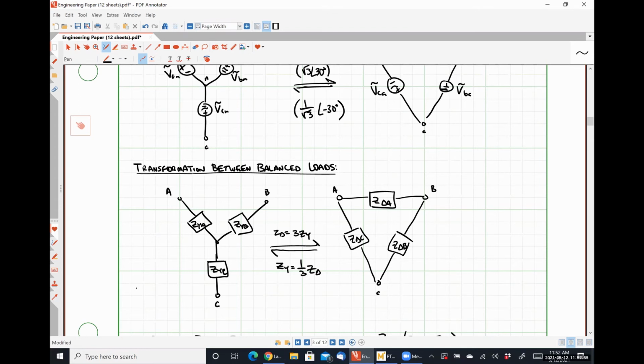Yes, sir. Yes. In this class, we're only going to be dealing with balanced systems, 99.9% of the time. The exclusion is the take-home test. You will be given a problem where you have a balanced three-phase source supplying power to an unbalanced load.